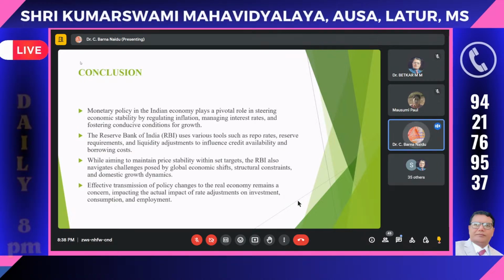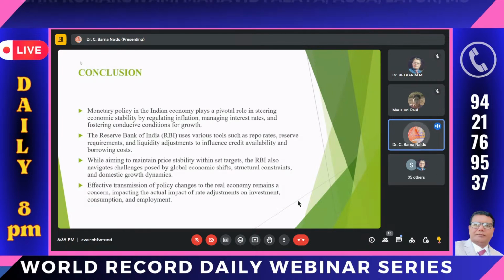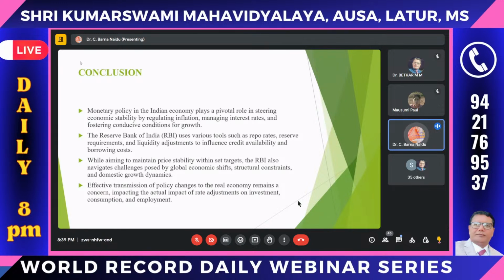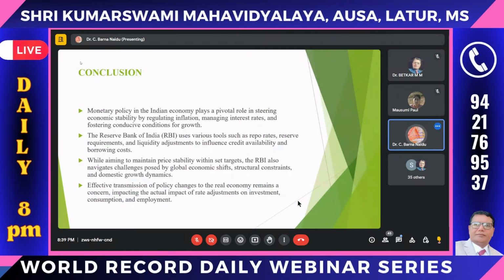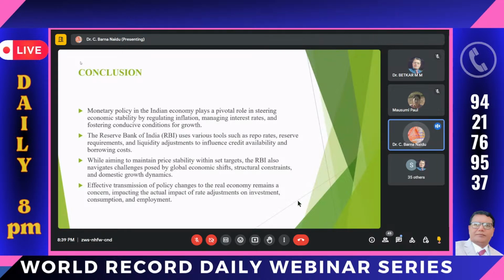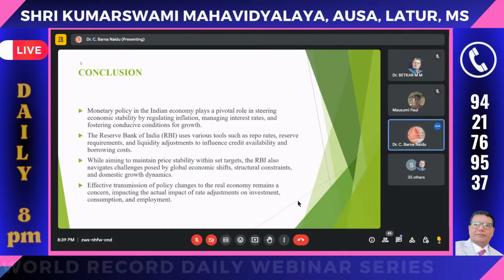So in short, as a conclusion, monetary policy in the Indian economy plays a very pivotal role in steering economic stability by regulating inflation, managing interest rates, and fostering conducive conditions for growth. When we are talking about the RBI, it uses various tools such as the repo rate, reverse repo rate, and liquidity adjustments to influence credit availability and borrowing cost.